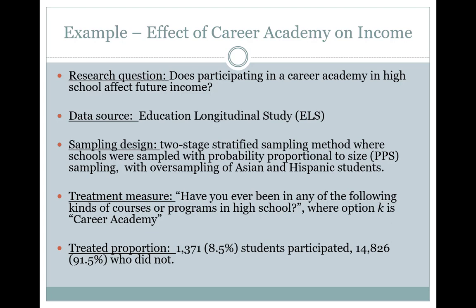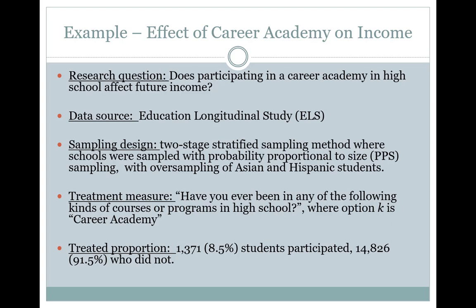Now, first, let's talk about an example to frame this discussion. The example comes from my book, Practical Propensity Score Methods Using R, and it is shown in chapters 1 and 2 of the book.